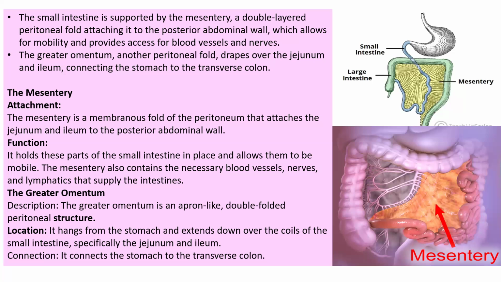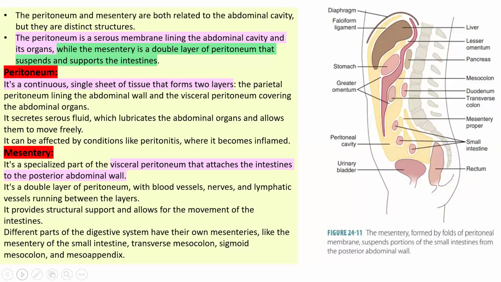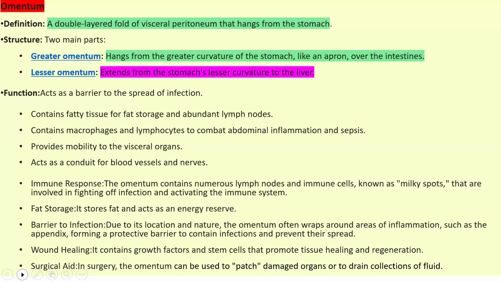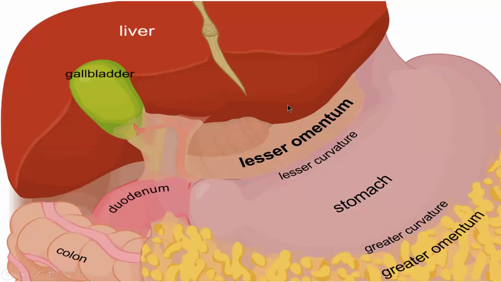So the greater omentum, a peritoneal fold, drapes over the jejunum and ileum, connecting the stomach to the transverse colon of the large intestine.